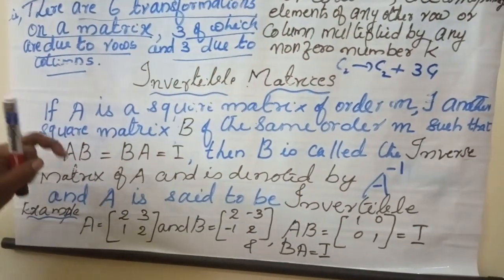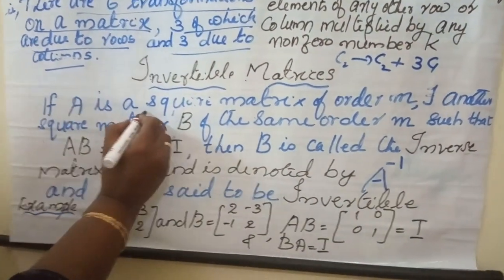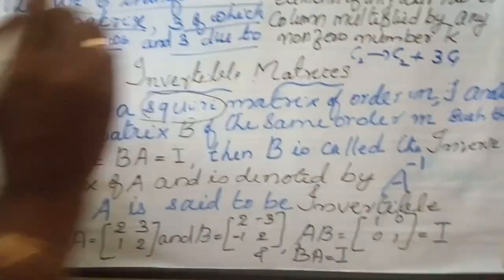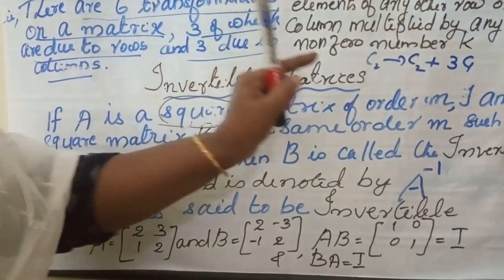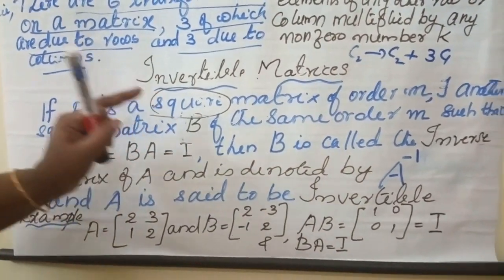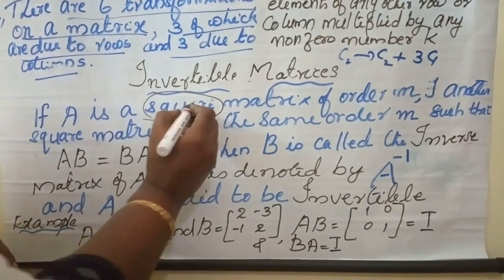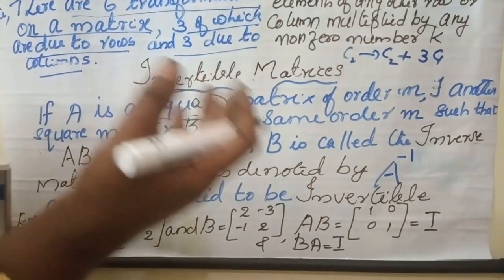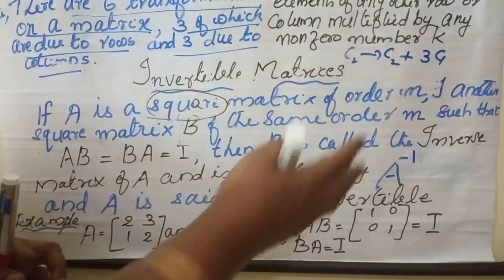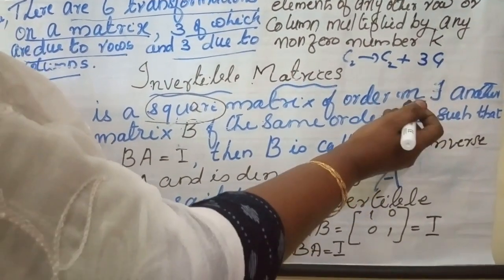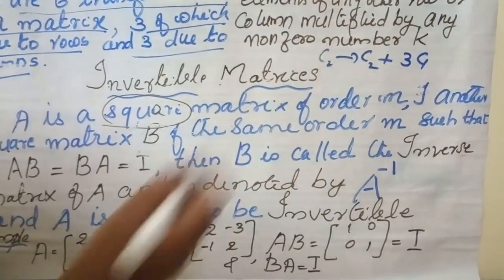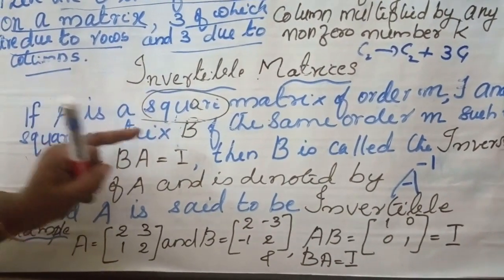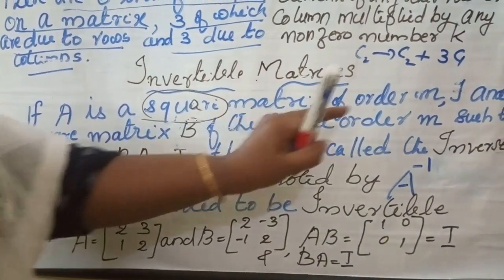So first one: if A is a square matrix, you can see invertible matrix. The important part is, if A is a square matrix of order m, whatever be the order, maybe 2, 3, suppose I consider general m, there exists another square matrix B of the same order.